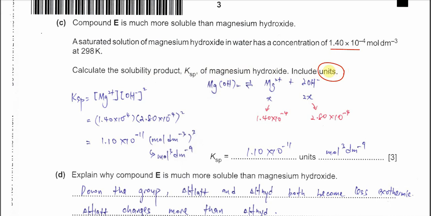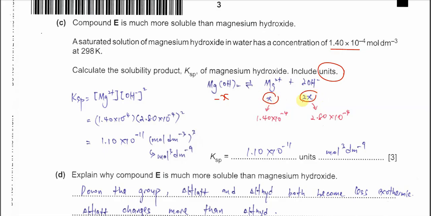First step, try to give an equation: the equilibrium between magnesium hydroxide and the magnesium ion and hydroxide. When X mole of magnesium hydroxide dissolves, it will form X mole of magnesium ion and 2X mole of hydroxide. So these are the unknowns that you should put, right?